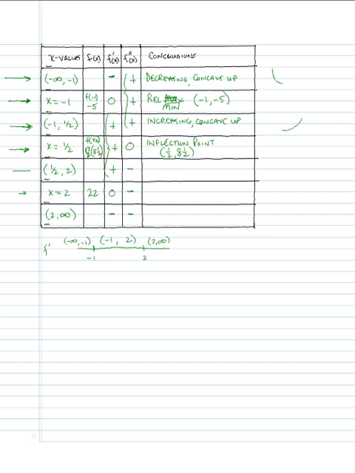In the next row is the interval 1/2 to 2. We see we have a plus in the first derivative, a minus in the second. Plus in the first says we're increasing. And a minus in the second says we're concave down.